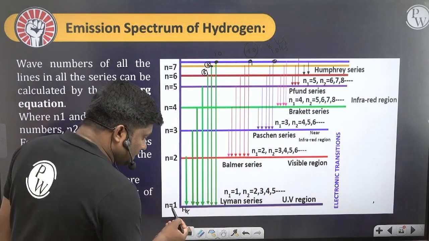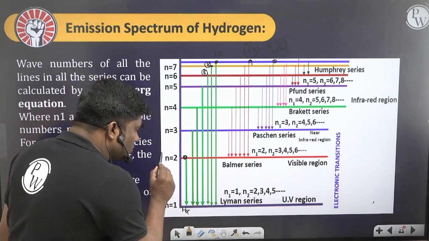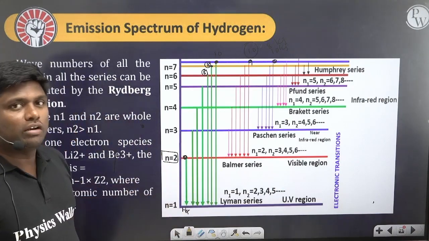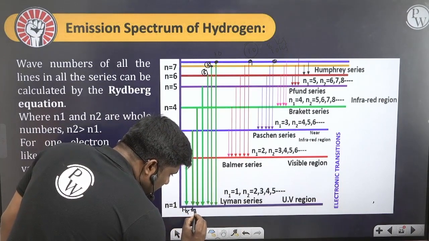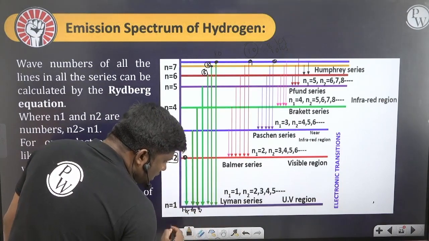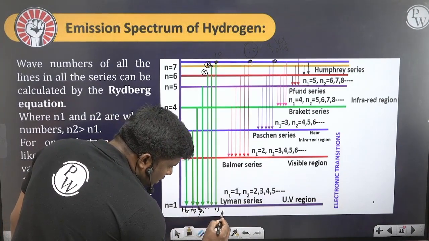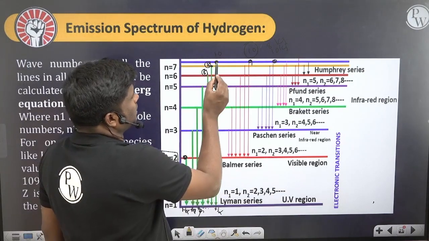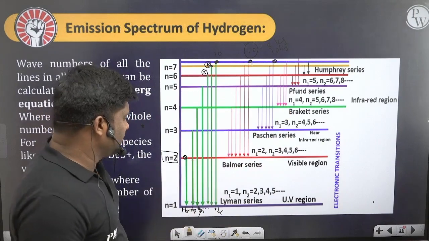For the first series, Lyman series, the very lower orbit from which the electron is coming is what? Second shell. That is called the H alpha line. And the next line is called the H beta line, next line is called the H gamma line, and like that the last line is called the H infinity line. Actually we have written here 7, but the very last line in any series is the H infinity line.